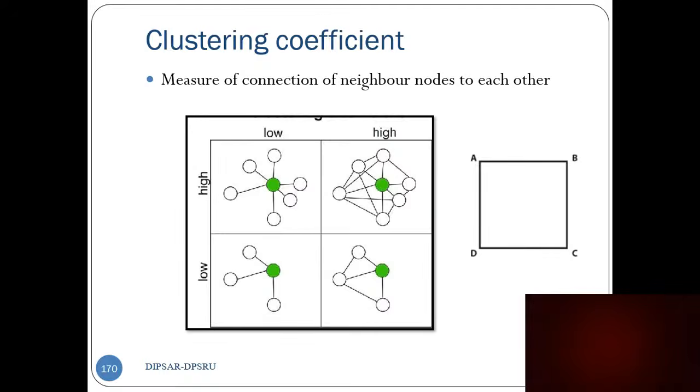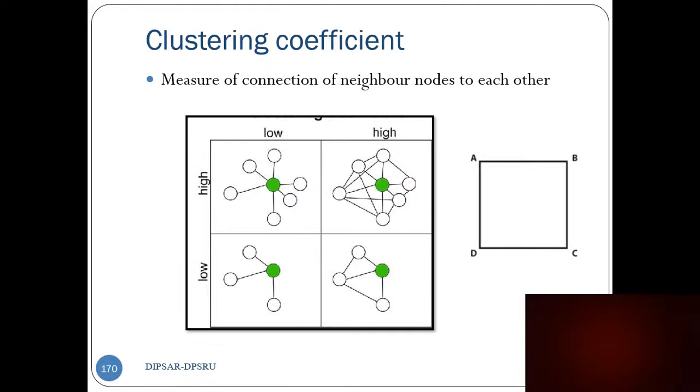Neighboring nodes. So now my question to all of you is, for example, this is the A node in this square box, B node, C node, D node. What will be the clustering coefficient of A node? Can anyone answer it? First, understand what the clustering coefficient is. It is a measure of connection of the neighbors, again stress on connection of the neighbor nodes to each other, right?